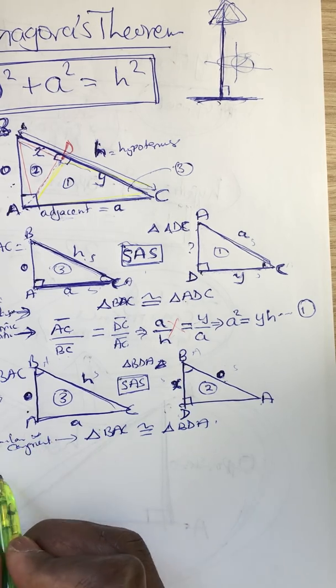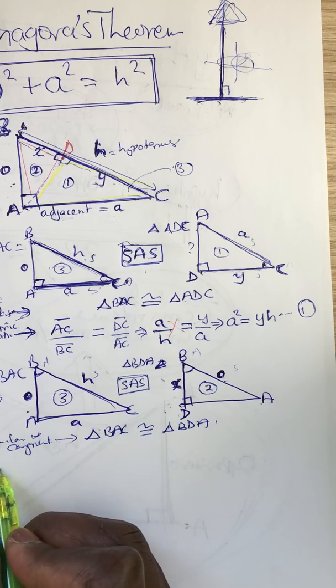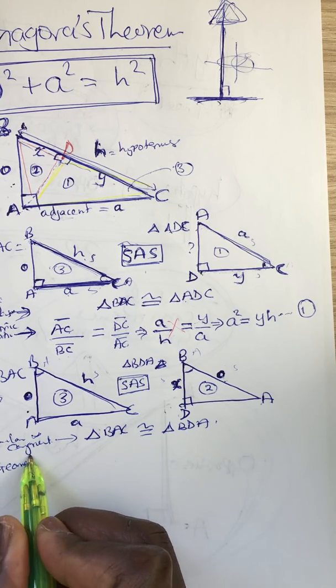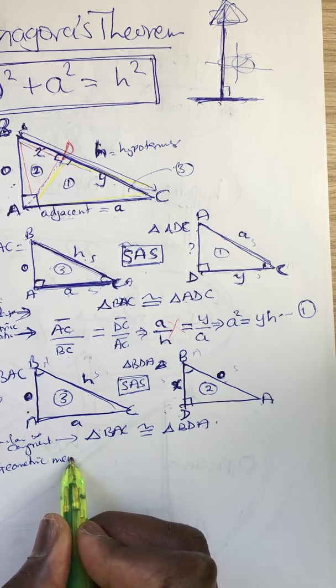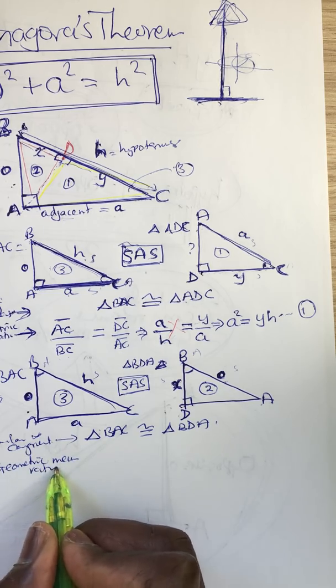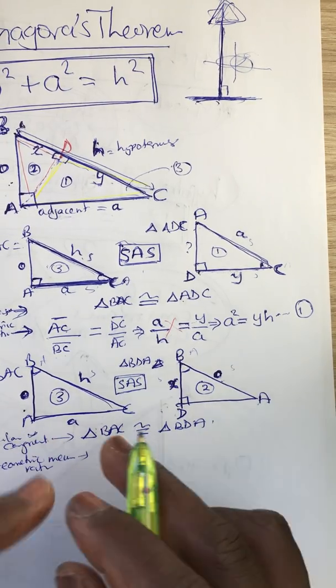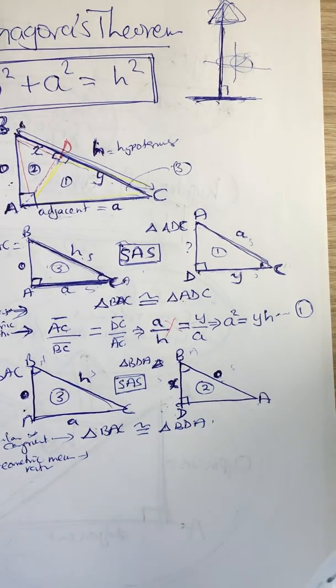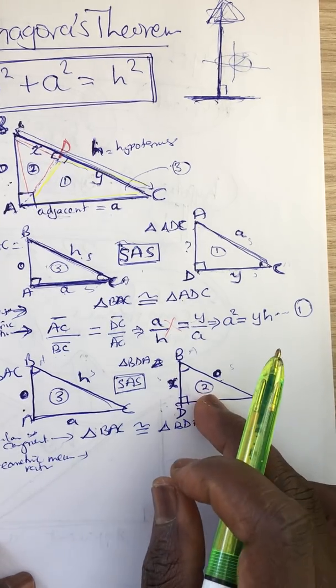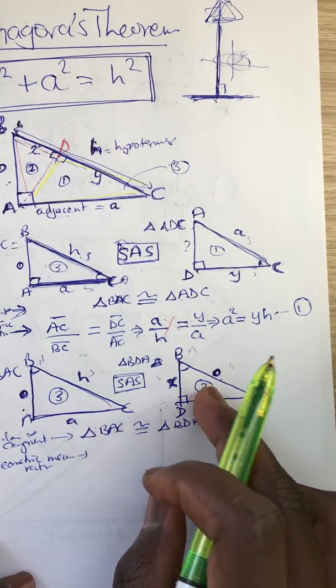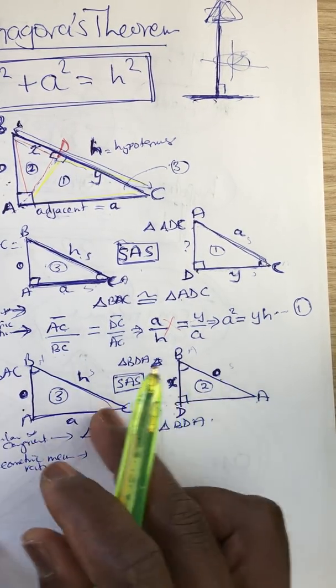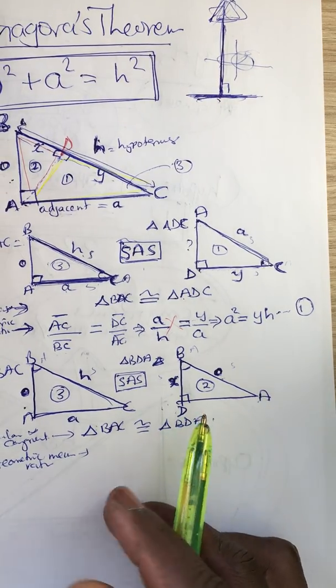Now the second thing is to use the geometric mean, or ratio, to see the scaled version of one triangle on the other. Obviously this triangle is the smaller one, so how small is it? So we're going to compare this using what is called the geometric ratio.